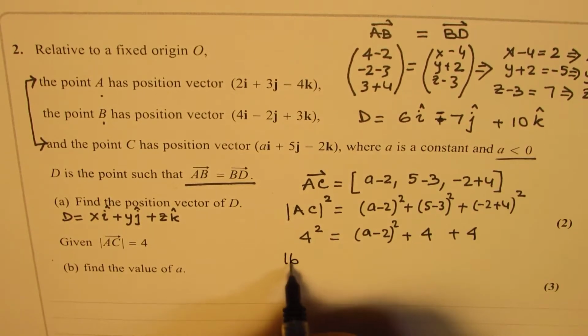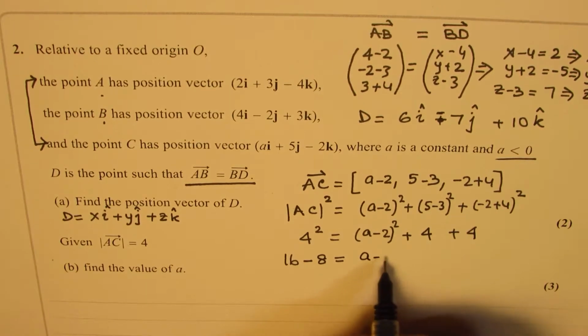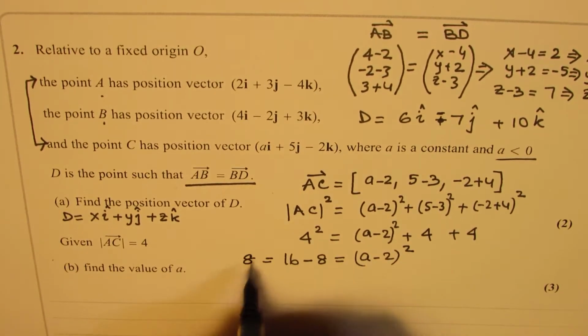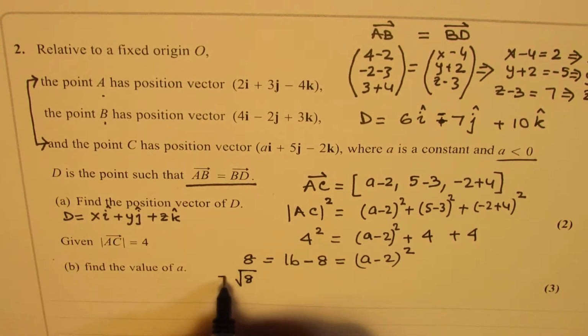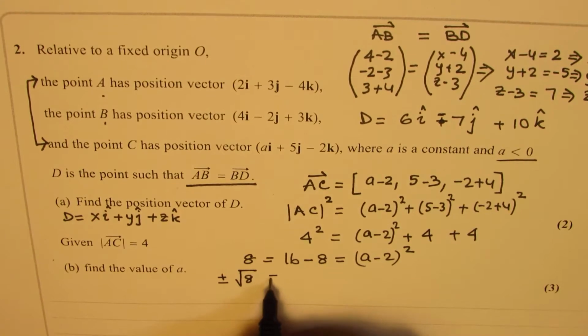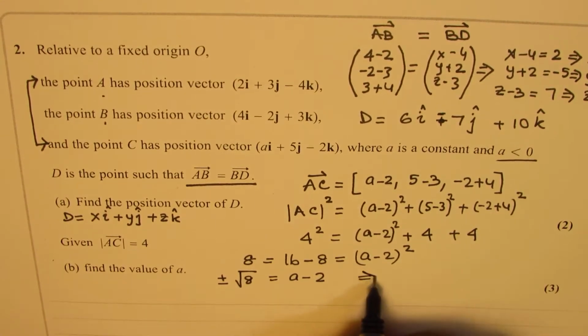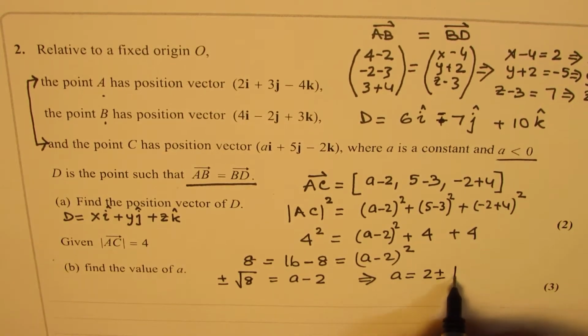So we have 16 take away 8 equals a minus 2 whole squared. 16 take away 8 is 8. Square root of 8, which will be plus and minus, equals a minus 2. That gives you the value of a as 2 plus or minus square root of 8.